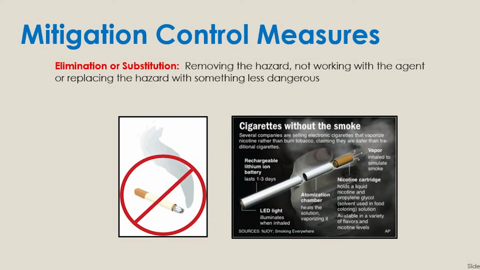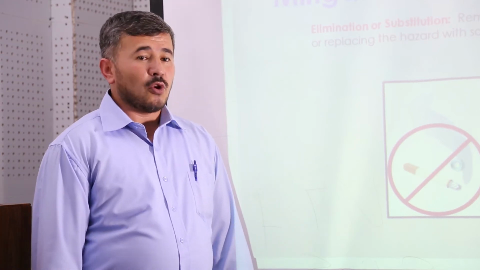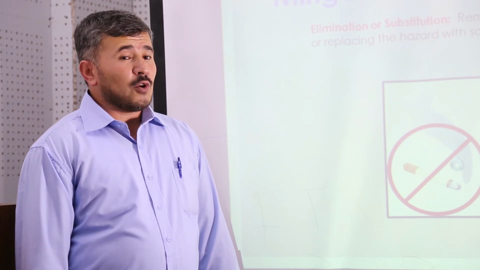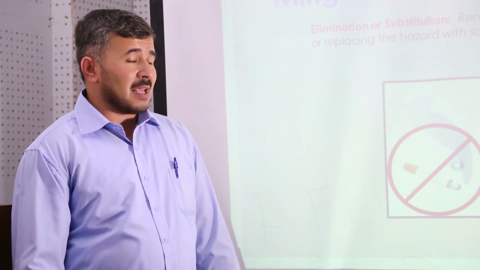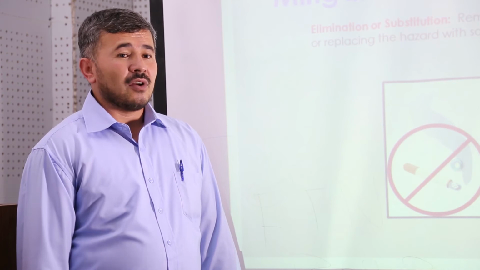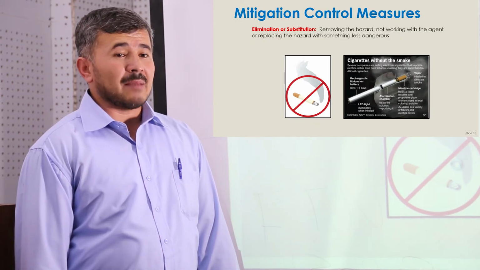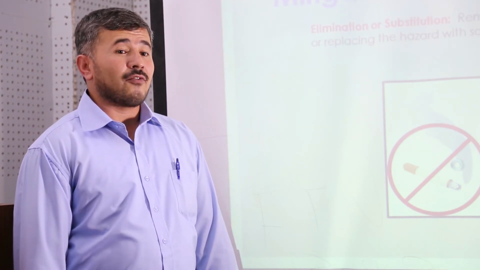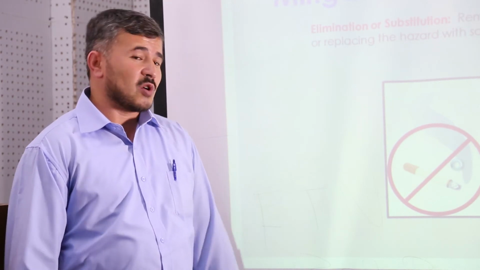Like if you want to do culturing of Brucella, you may need biosafety level 3. But if you do not have the facility of biosafety level 3, simply we can close the project. We do not have those things to protect ourselves from biological material or to protect biological material from the people. So the risk is not acceptable. Just close.